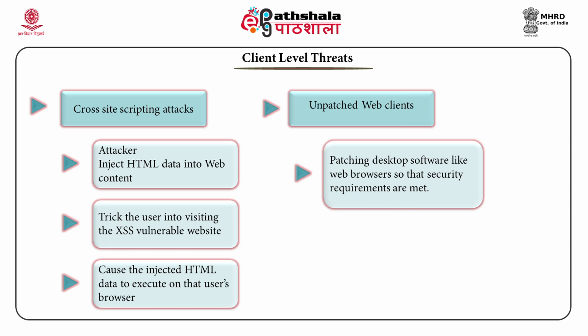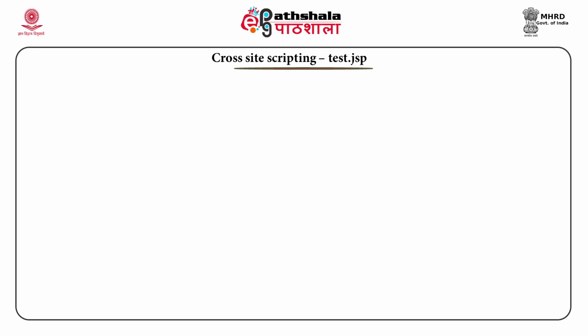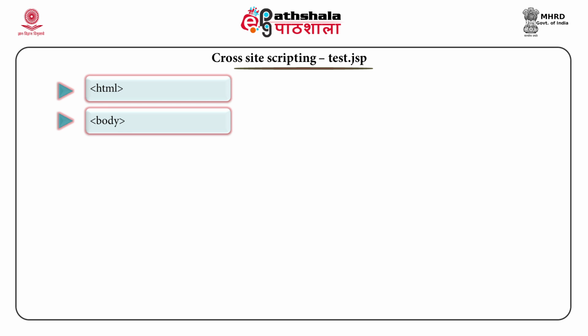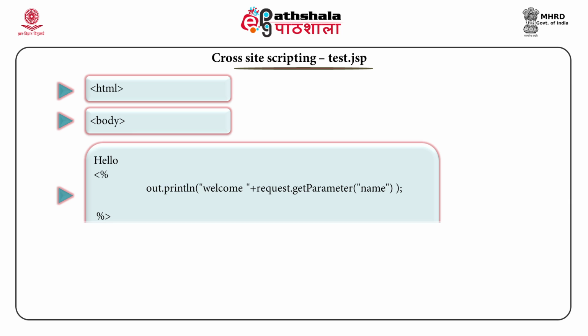security requirements are met. We will take an example of cross-site scripting, where I would be showing a simple JSP page in which we have written Java code inside the HTML. It starts with the HTML tag, body, a simple text called hello, and then we have added a script saying out.println welcome, getting the parameter through the URL.